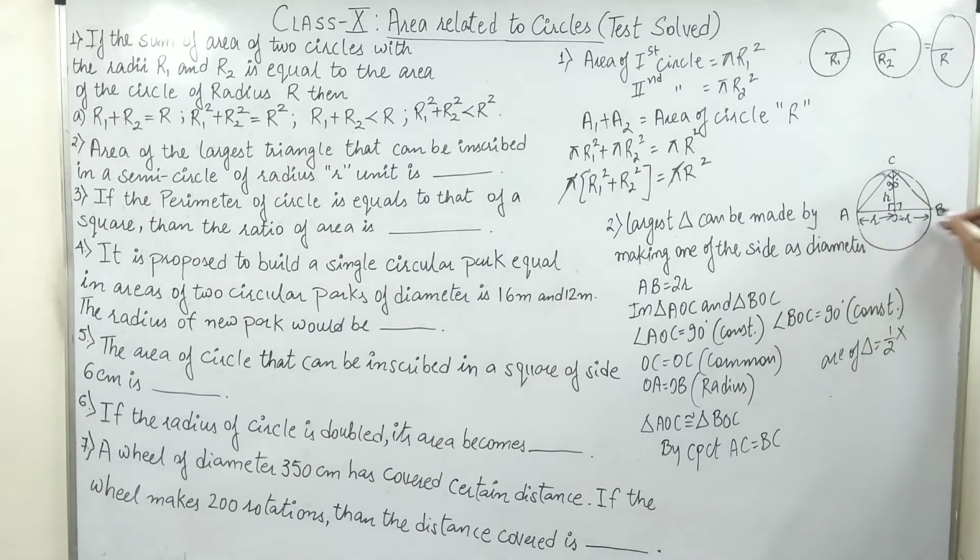This is the base of the triangle, that is R, and R is R square, correct? Or sorry, R plus R is 2R, not R square. So it is going to be 2R into, and now this particular side, that is half base into height, is R. So 2 and 2 will get cancelled. So answer will become what? R square. So the answer should be equal to R square.